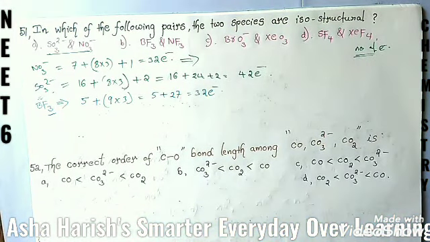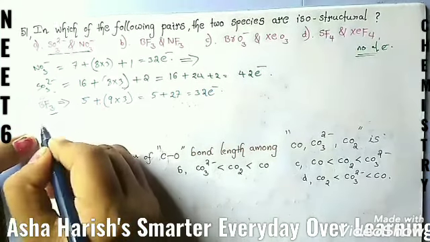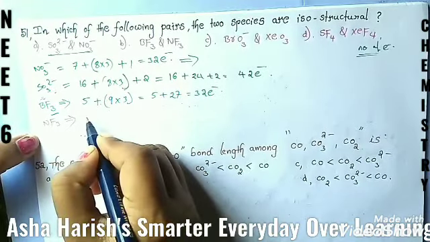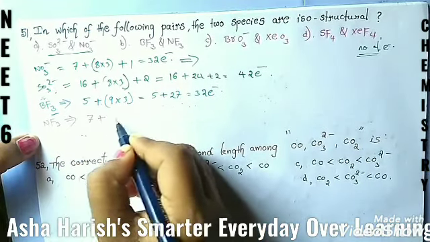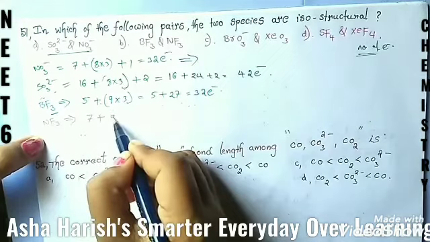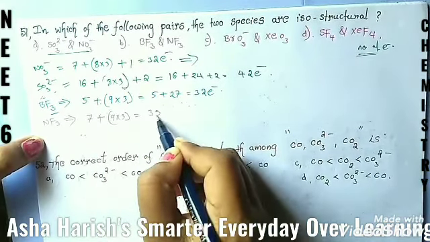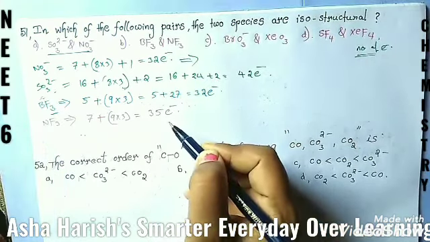And for the next one, NF3, we also need to find out the total number of electrons. Nitrogen 7 electrons plus, same for fluorine, 9 into 3. Okay students, the total here is 35 electrons.